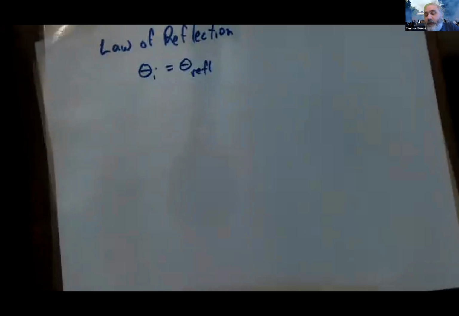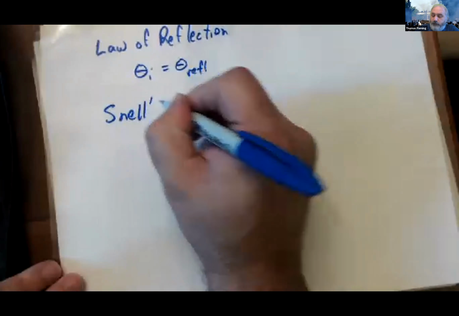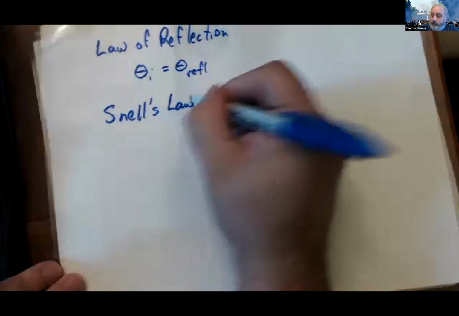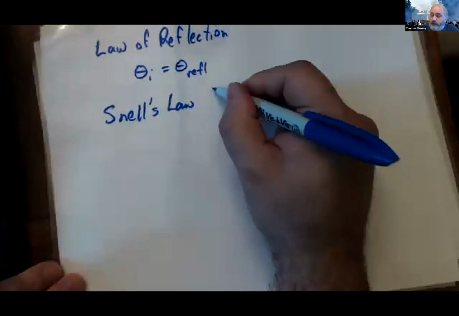If the beam of light comes in at 30 degrees, it's going to bounce away at 30 degrees. That was super easy. The law of refraction is a bit more complicated. This is called Snell's law, or the law of refraction.